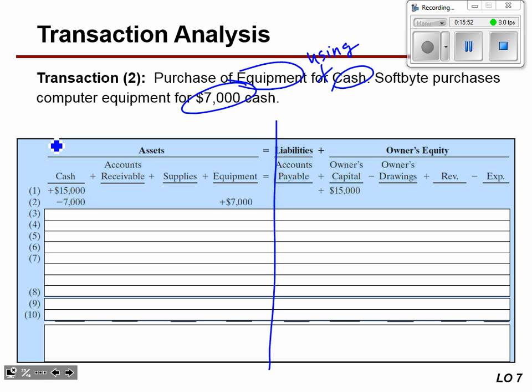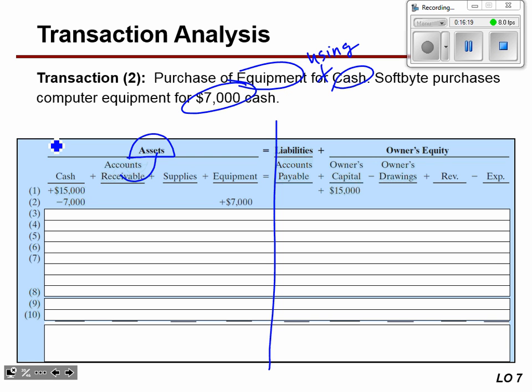Because if we would have put plus 7,000 and plus 7,000, then it would have been 15 plus 7 equals 15. No, that doesn't work because every single time the accounting equation has to equal. So when you're under one umbrella like we are here, or on one side of the big T, it's got to be a plus and a minus.